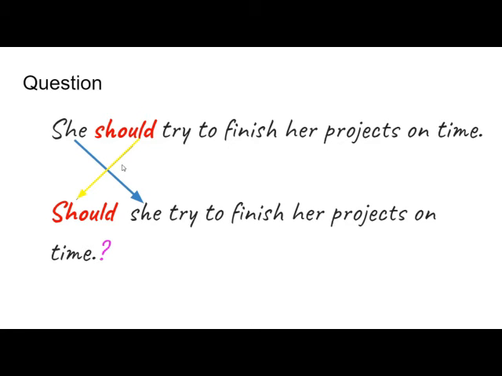And in question, you have to change should in the first part, the modal, and then the subject, she, the verb in the base form, try, and the complement, to finish her projects on time. And the final, the question mark. Don't forget this because it's so important. You have to use the question mark in the final. Okay, my dear student?